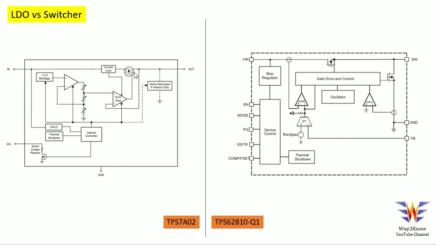So it is a very simple design where between the input and the output there is only a pass element which is controlled, and there is no other control involved at any point of time. All the power dissipation is going to happen in this series pass element only.